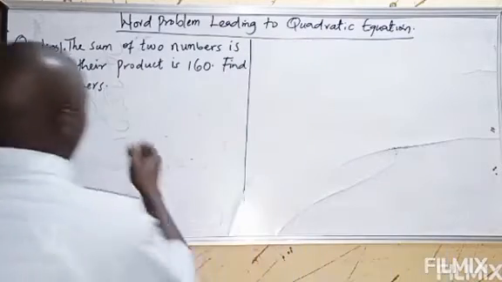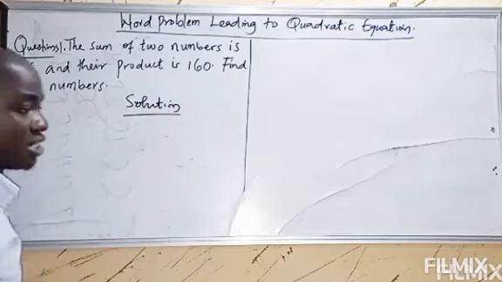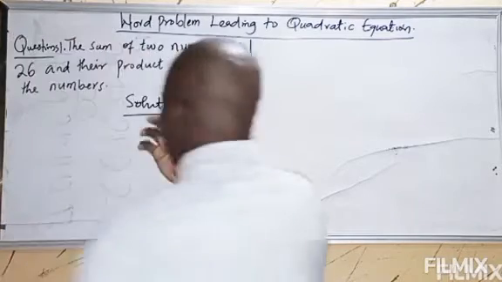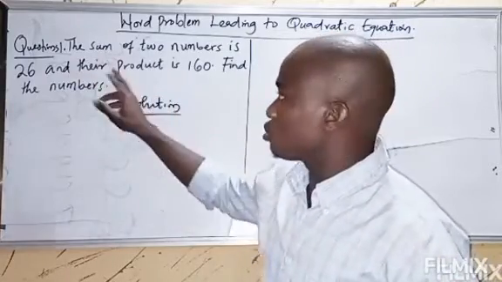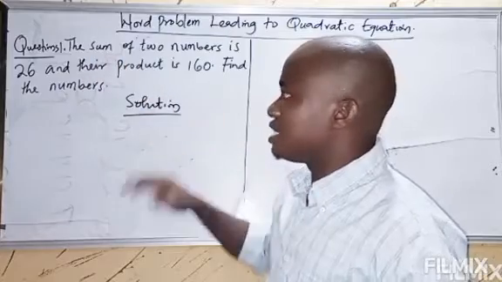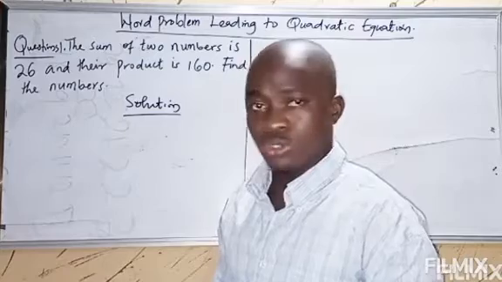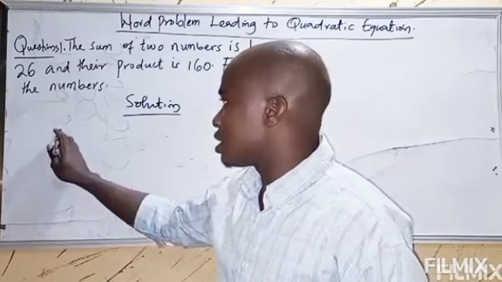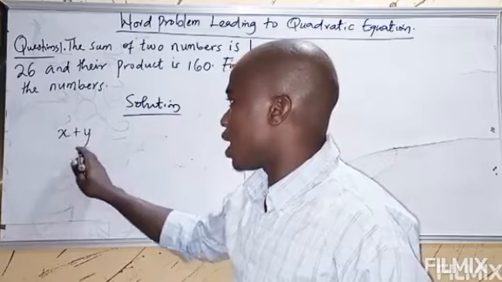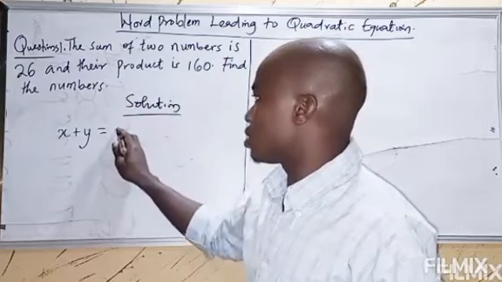So now let's solve this. I want you to follow me and listen attentively. What we are going to do first is write the equation that connects the two numbers together. Let's say we want the two numbers to be x and y. The equation that connects them is x plus y equals 26, since the sum of the two numbers is 26.